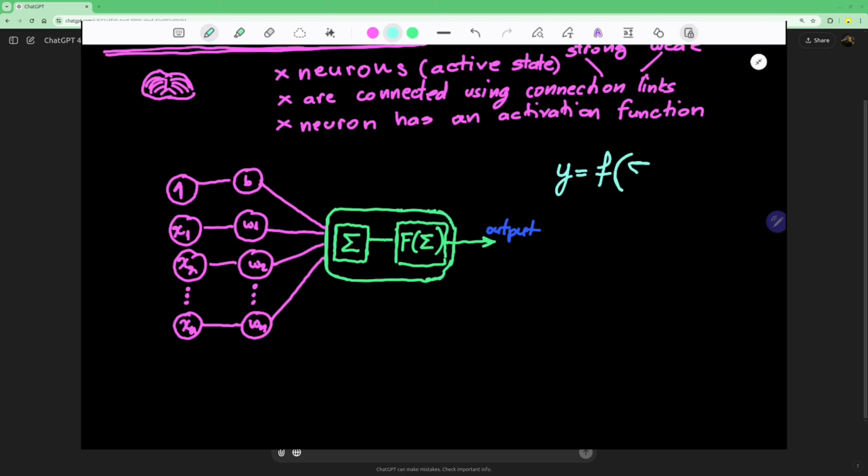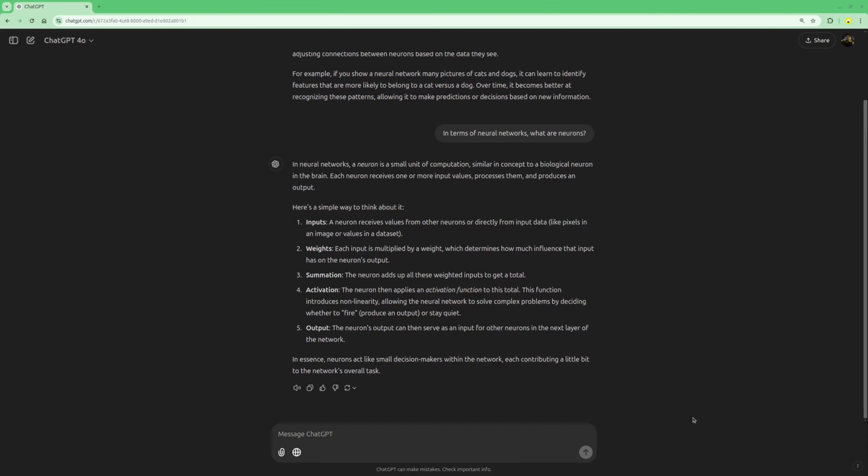We have the sum plus b. Okay, so it says here this is how the neuron is defined, but this doesn't tell me anything. So let me just do this.